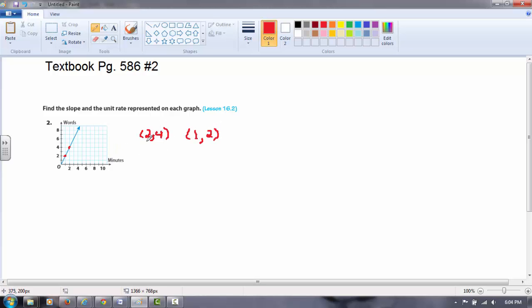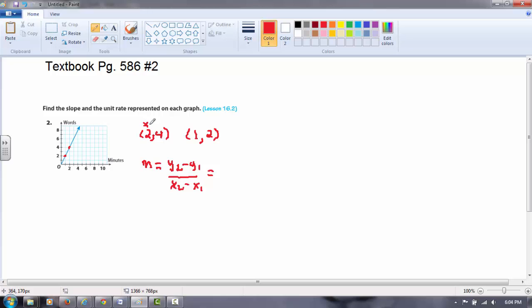Okay, so to find the slope, you can use our formula with our points. That would be y2 minus y1 over x2 minus x1. So I'm going to go ahead and represent that up here.